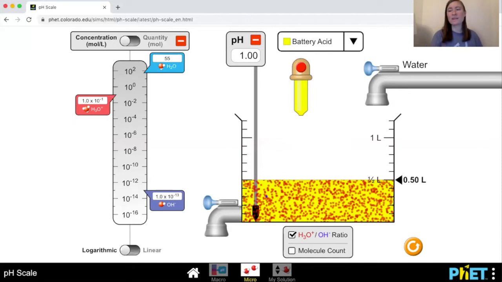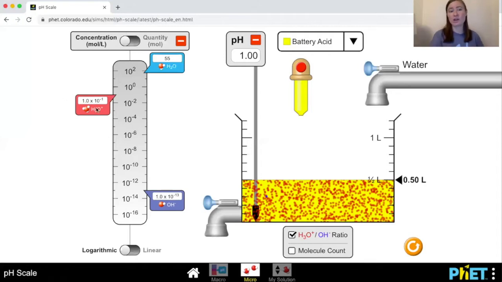We're getting these really dramatic changes in concentration, and it's hard to talk about those using the actual numbers. It actually gets a little bit confusing. So we're basically dealing with exponential changes. The concentrations are changing exponentially as we go from a solution that's neutral to a little bit acidic, to a little more acidic, to quite acidic, to very, very acidic.